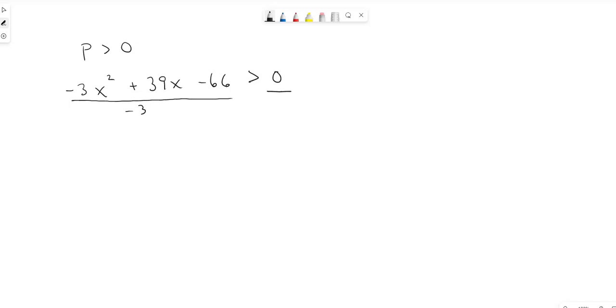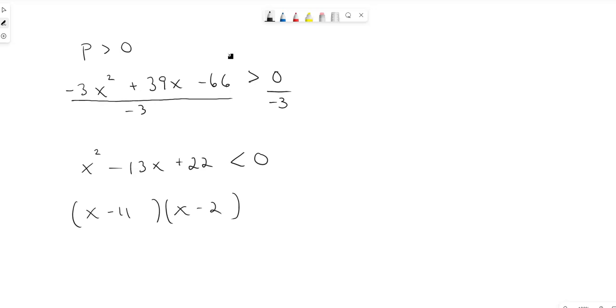And that is, if I divide both sides by a negative, it flips my inequality sign. So carry it through, I get x squared minus 39 divided by 3 is 13x, plus 22 is now less than 0. Factors of 22 that add up to 13 has got to be 11 and 2. Both negative, x minus 11, x minus 2.